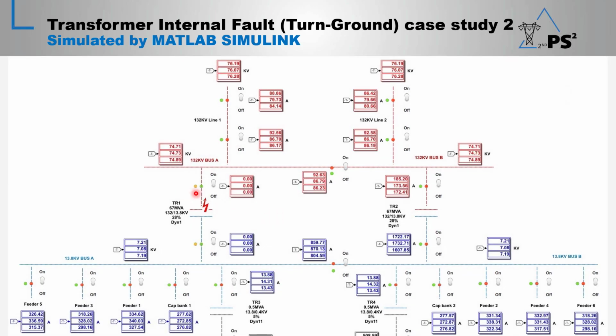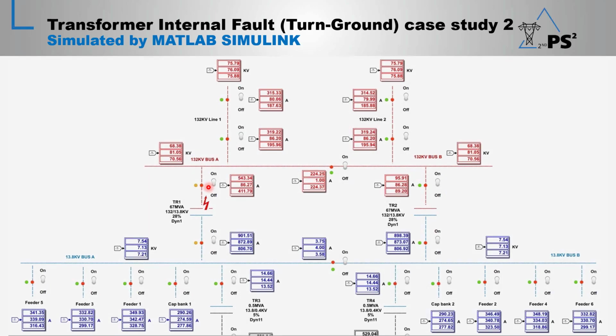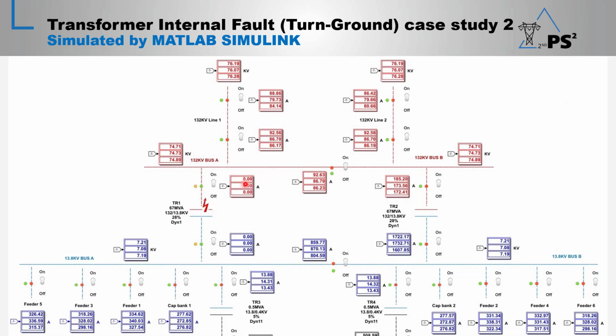Now, in this slide the trip signal in HV and LV is already initiated, and here we can see the breakers tripped on the HV and LV sides, and only transformer number 1 is isolated from the network.